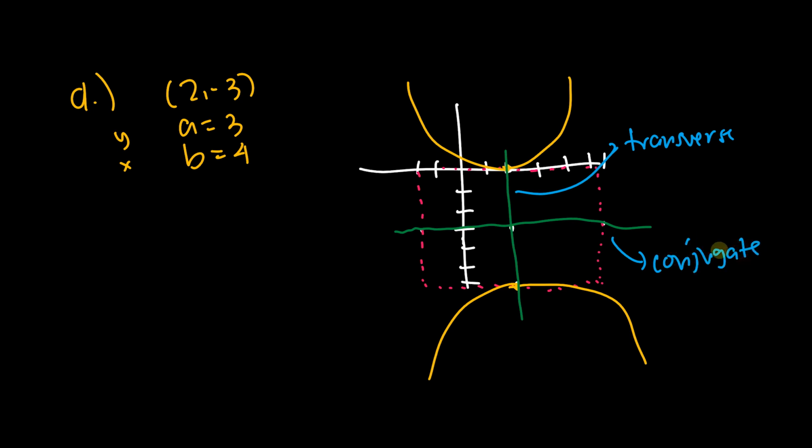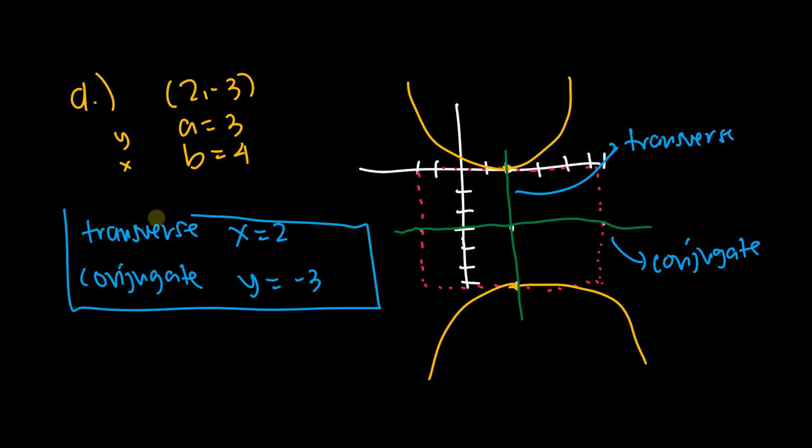Okay, so, kung tanawon ninyo, class, ang inyong transverse axis is, unsa? Transverse axis nimo is x is equal to 2. And then, your conjugate axis is, unsa? Conjugate axis nimo is y is equal to -3. Okay, so, this is your answer for letter D.